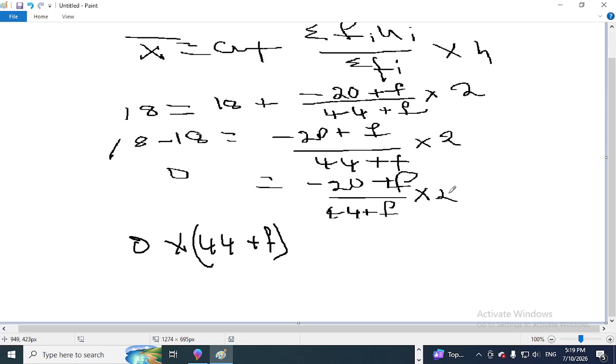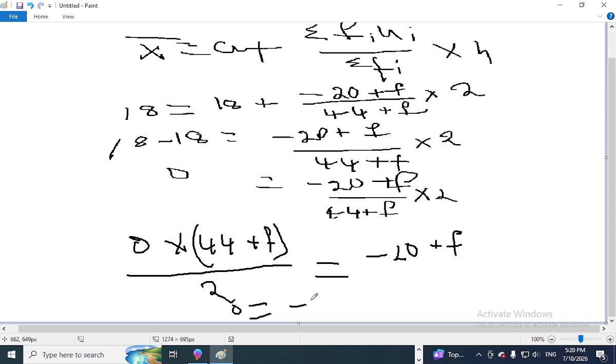And 2 is in the numerator position. If we transpose that to the LHS, it will come to the denominator position. So after transposing, we get 0 into something by something, which is equal to 0, which is equal to minus 20 plus F.